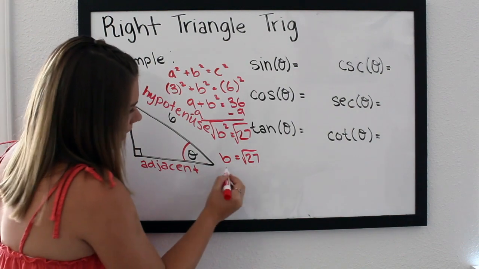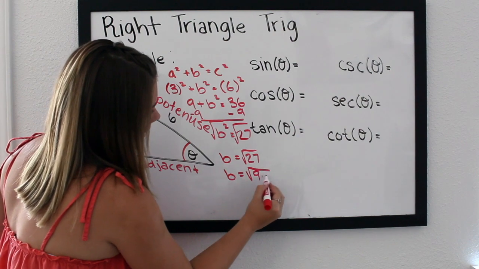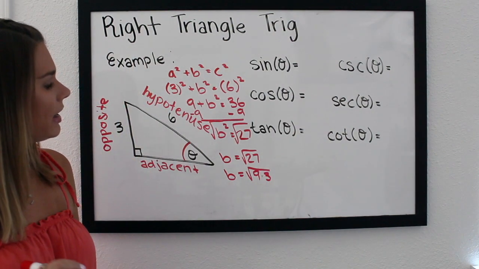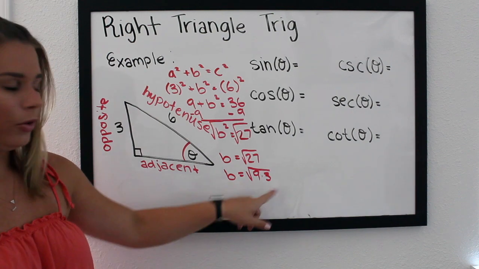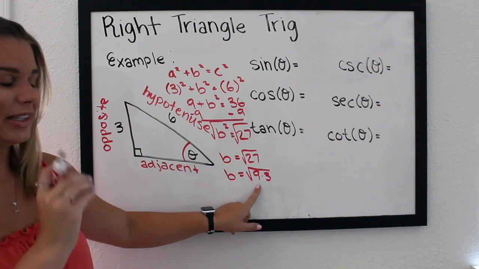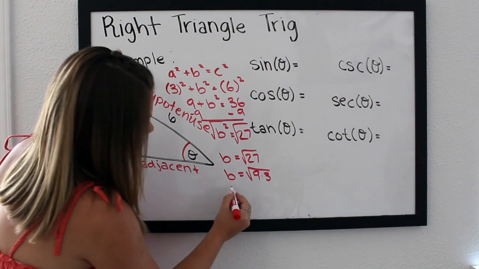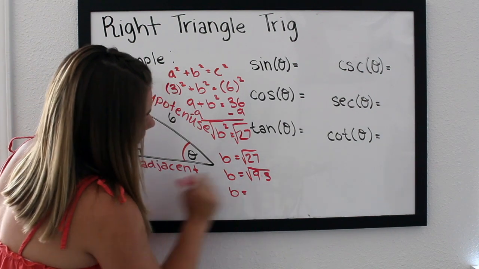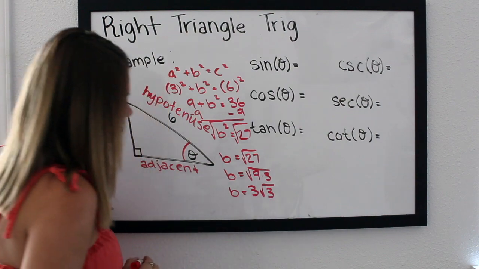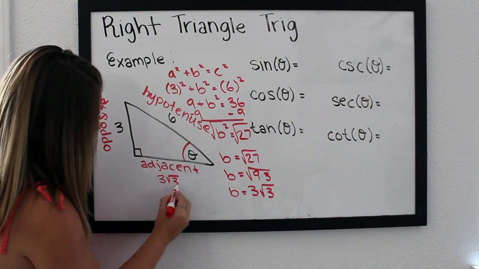I know that 27 is equal to 9 times 3. I have a rule where the square root of two things being multiplied is the same as the square root of one times the square root of the other one. So b equals square root of 9, which is 3, so it's going to be 3 root 3. So the length of my adjacent side is 3 root 3.